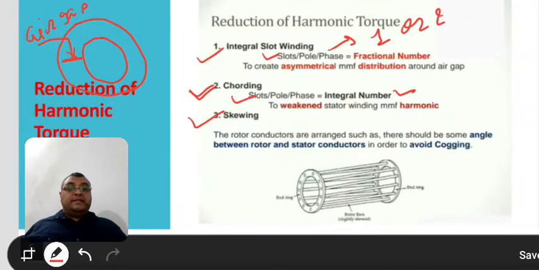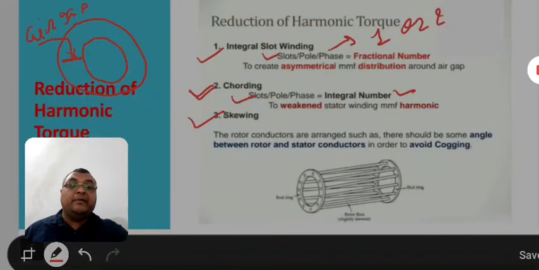In the integral slot winding method, we saw that slots per pole per phase is equal to a fractional number to create a symmetrical MMF distribution around the air gap. In chording, the slots per pole per phase is equal to an integral number.